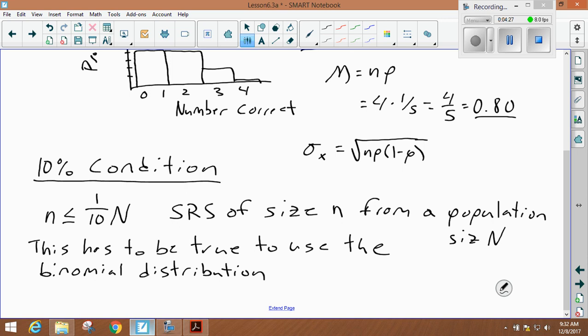What this says is that our sample is large enough, all right? When we start next semester, we'll be taking samples from populations and finding out information about those samples using all the tools that we've learned in this semester. But we're always going to have to check this condition if we're going to use binomial distribution.